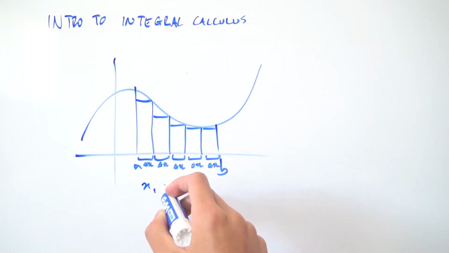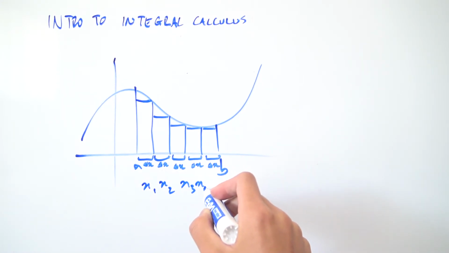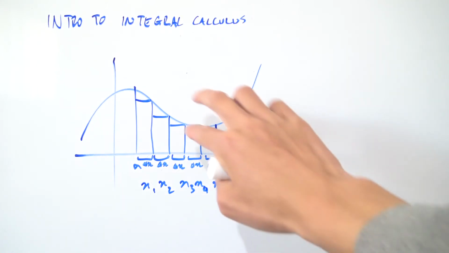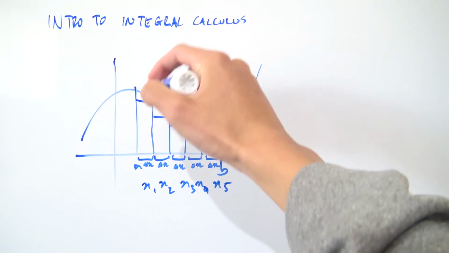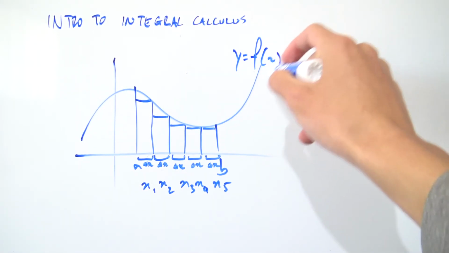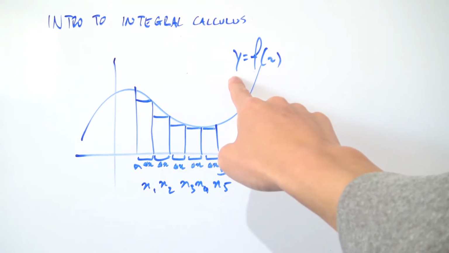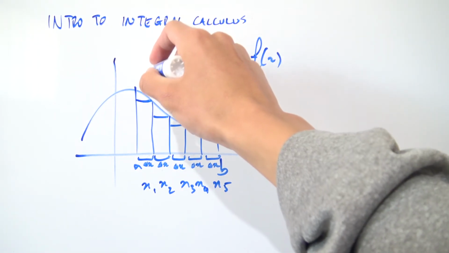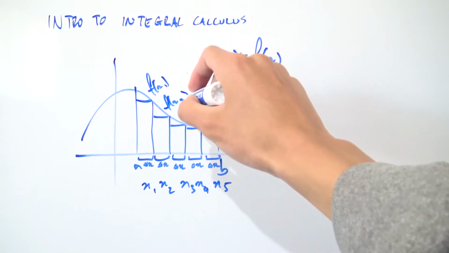Let's call them x1, x2, x3, x4, and x5. If we know these x values, then we can easily find the corresponding height of each of these rectangles. If this is y equals f of x, the height is just a y value, which is just plugging each of these x values into this function. So the heights will be f of x1, f of x2, and so on.